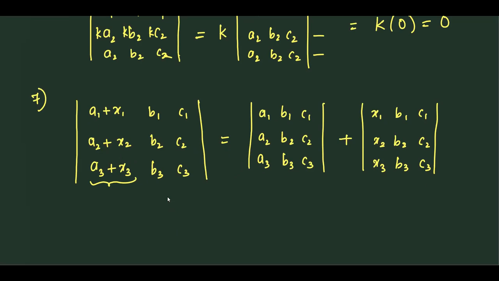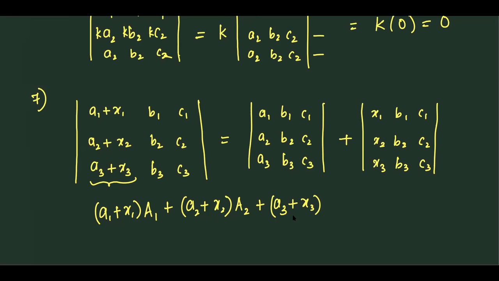This is logically very simple. If you want to expand this, you will write a1 plus x1 times the cofactor of that first position, then a2 plus x2 times its cofactor, a3 plus x3 multiplied by the cofactor of that position. All right.